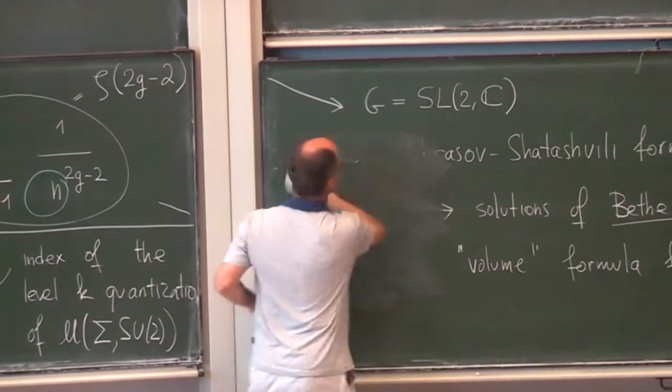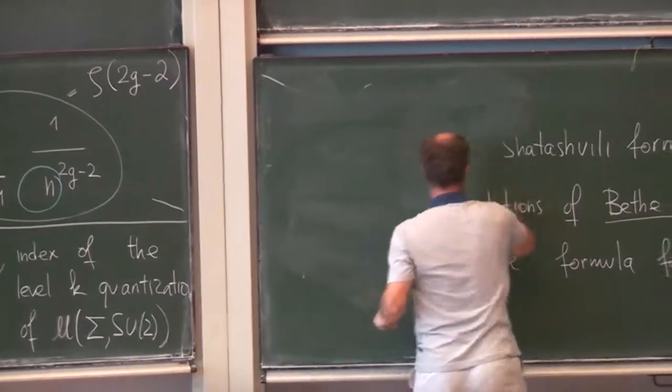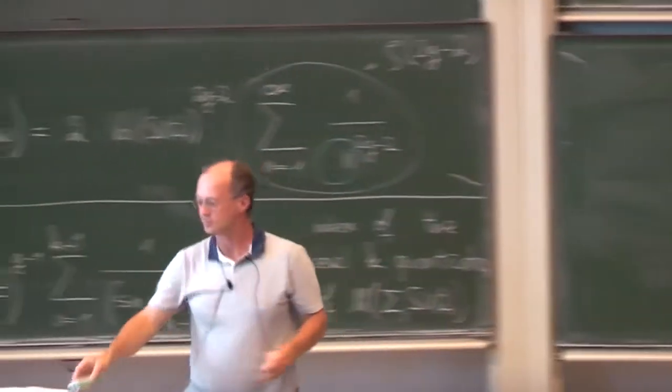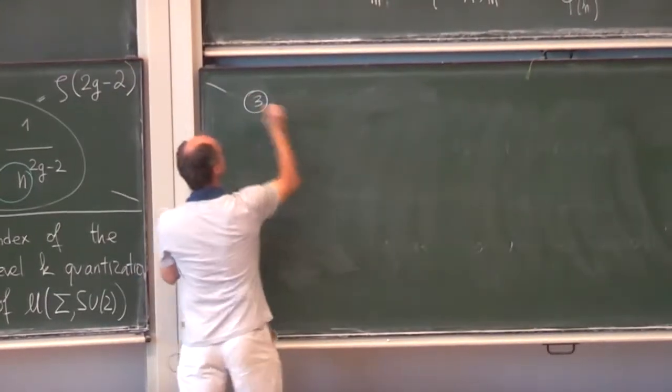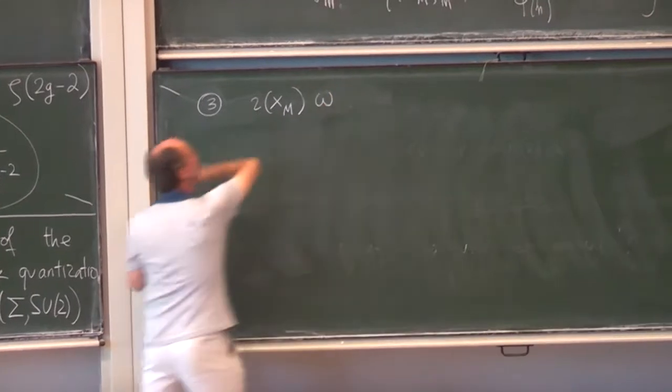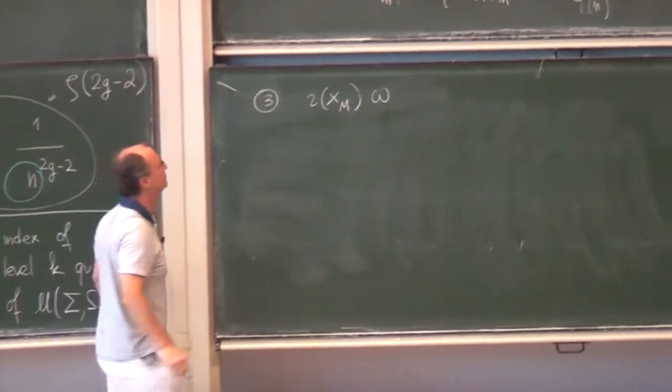So at the moment this definition looks a bit strange, but let me continue. So the moment map condition: remember, the moment map condition should say what is the contraction of the fundamental vector field with omega.